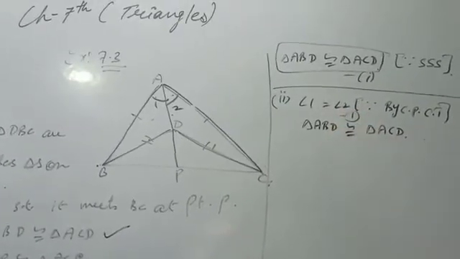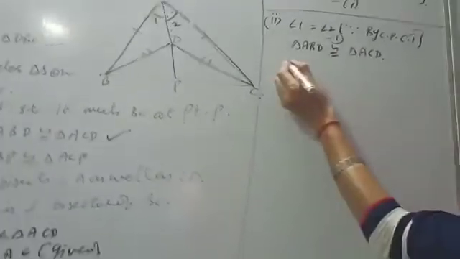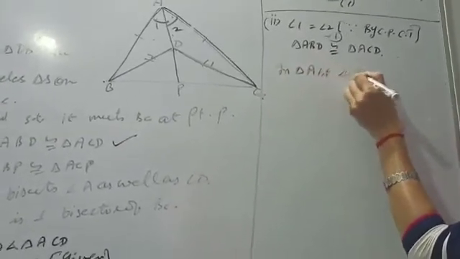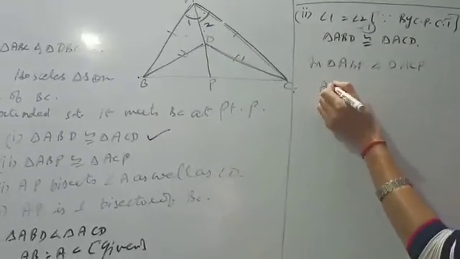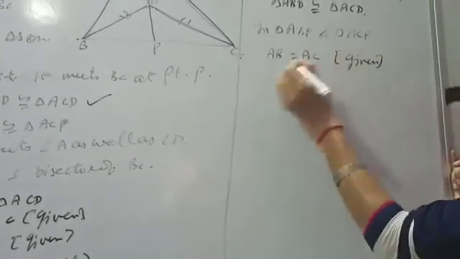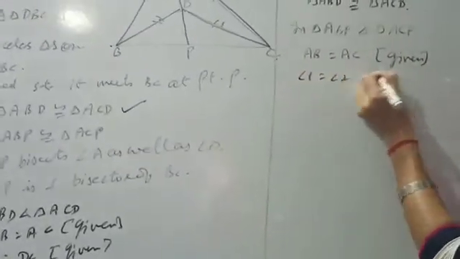As a first point, we will write here: in triangle ABP and triangle ACP, AB is equal to AC. It is given to us. Then further, angle 1 is equal to angle 2.